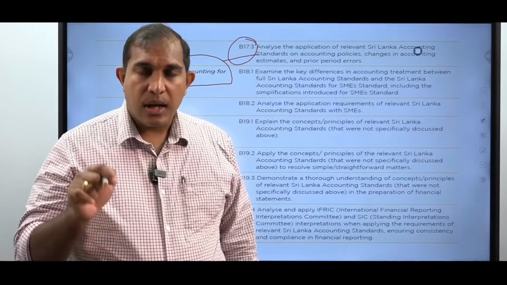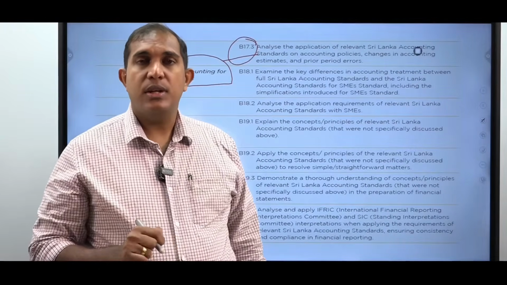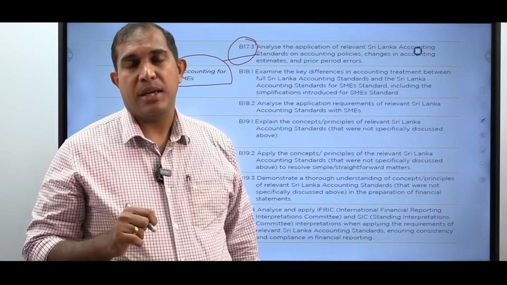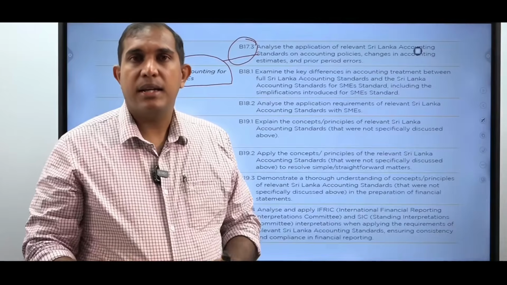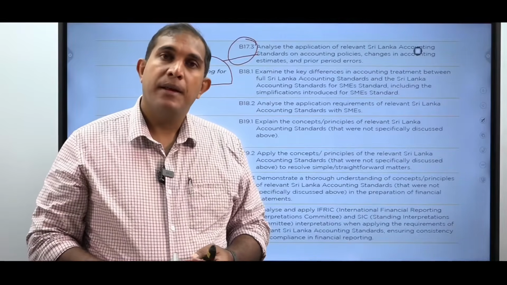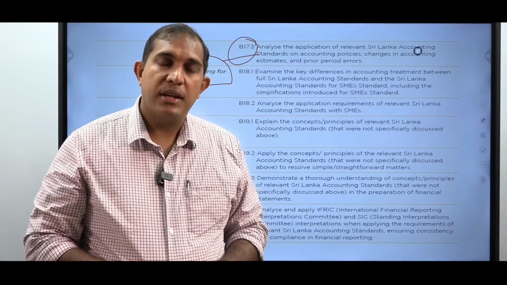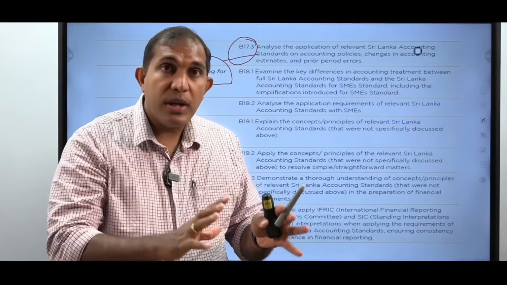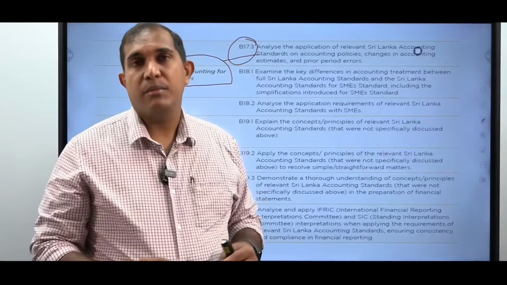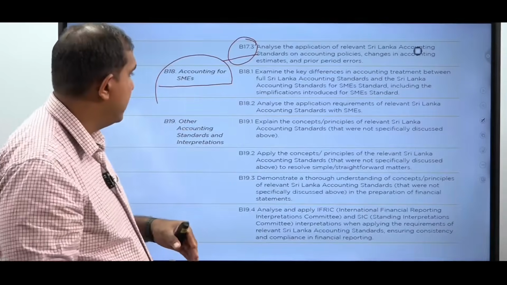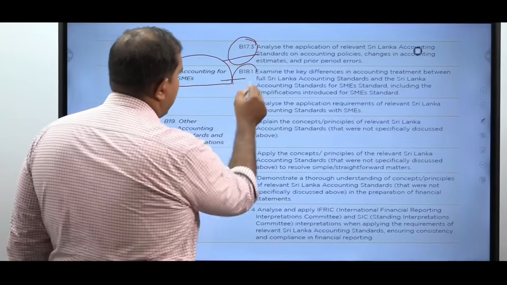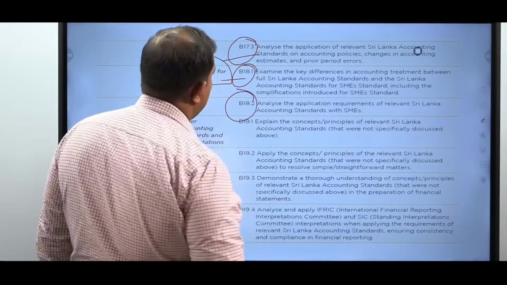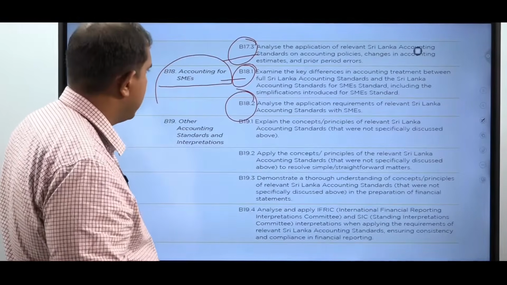Therefore, IASB has issued IFRS for SMEs. The same set of standards were adopted by CA Sri Lanka, SLFRS for SMEs, applicable for small and medium enterprises. So that's available in our syllabus, 18.1 and 18.2, SLFRS for SMEs.